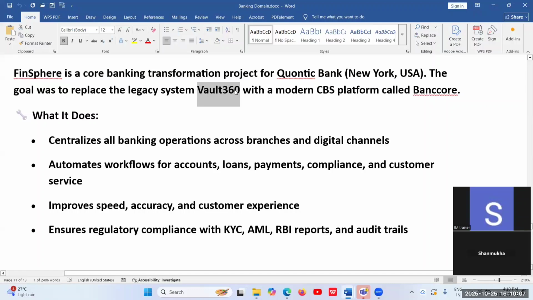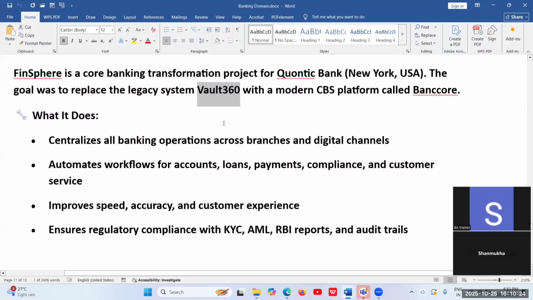And they want to improve the functionality of the software. So they want to migrate from one platform, the Vault 360 platform, to Bank Core. So this is the need.